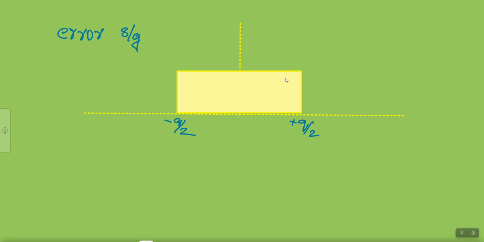So the amplitude of this will be 1 upon q by 2 minus minus q by 2, that's equal to 1 divided by q by 2 plus q by 2, that's equal to 1 by q. So this amplitude is 1 by q. Simple.